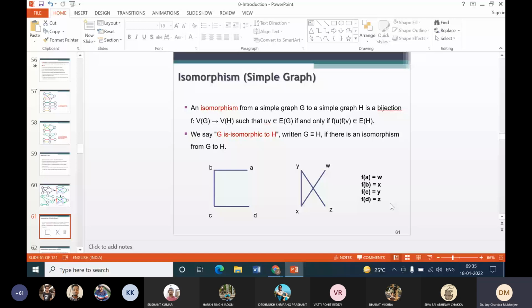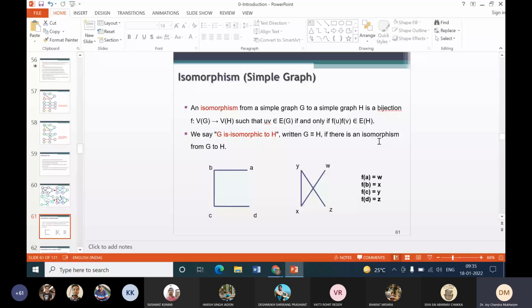But for simple graphs, you have to create a bijection across the vertices of the two graphs G and H, such that UV belongs to EG if and only if f(U)f(V) belongs to EH. Okay. And this isomorphism symbol is G triple equal, basically the equivalence symbol, G equivalent to H, if there is an isomorphism from G to H.